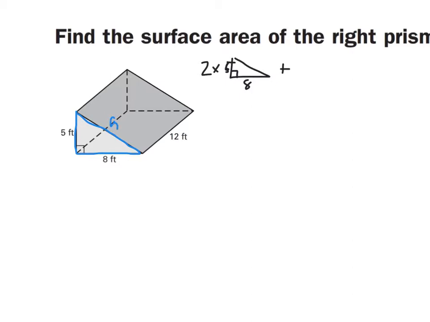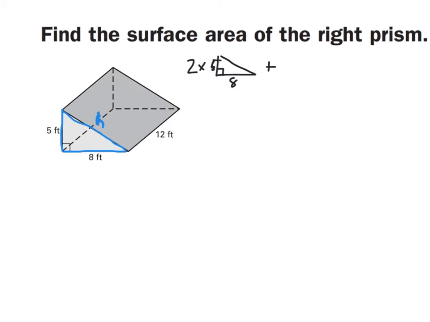And so isn't the hypotenuse always the longest side of a right triangle? Yeah. So are any of them going to be congruent? No. None of them will be congruent. And so we need to go through and just find the area of 3 separate rectangles.